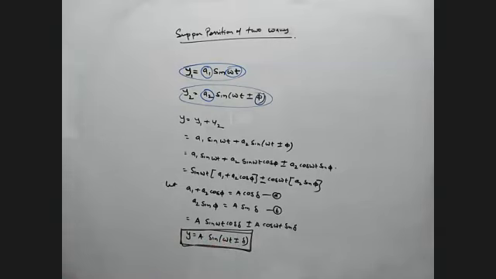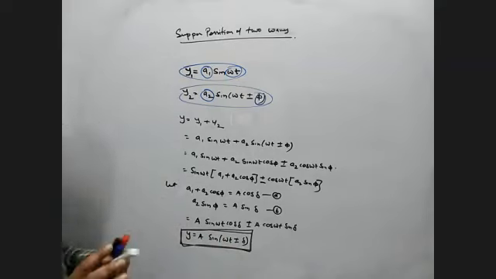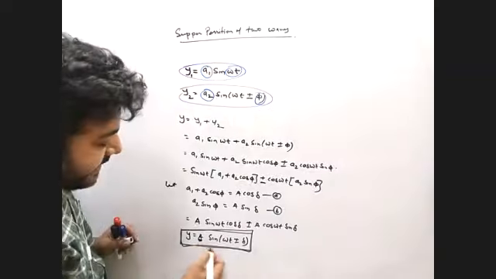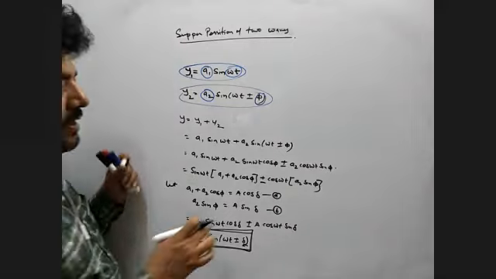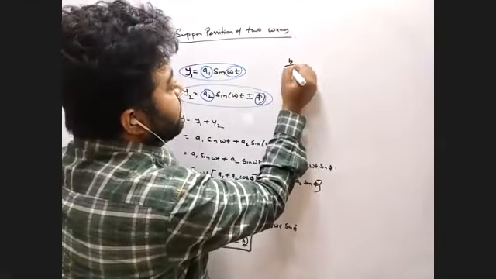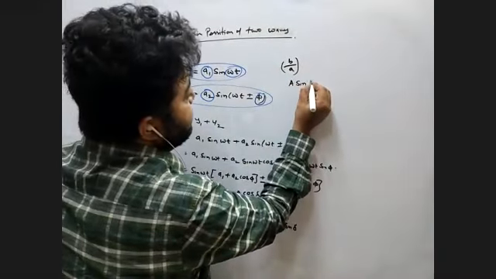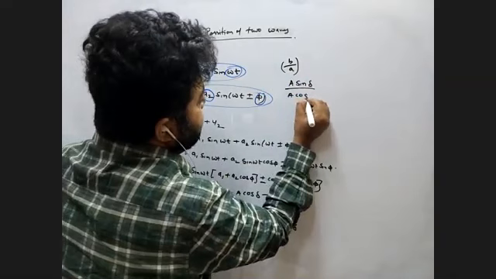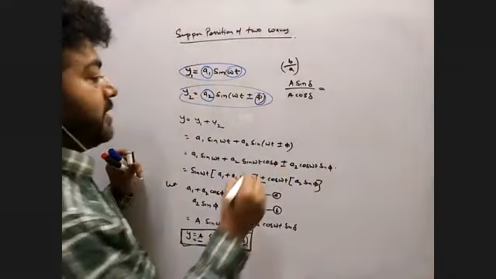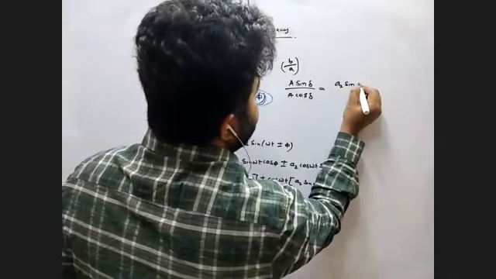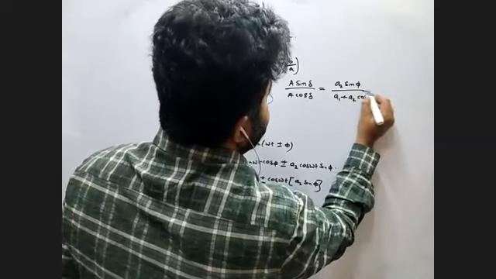Otherwise, omega t is exactly the same, so we already know how to make the resultant wave. So how do you get this A and del? For that, first of all, divide equation B by equation A. See, A sin del by A cos del is equal to A2 sin phi by A1 plus A2 cos phi.